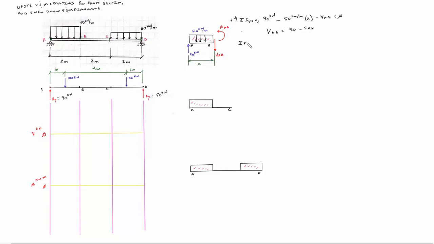Now if I sum my moment, we'll call it point B, about that point right there. So if I'm summing my moment about point B, I'm going to have 90 kilonewtons times x. Remember, this distance is x. Now this is going to rotate clockwise, so this was negative.